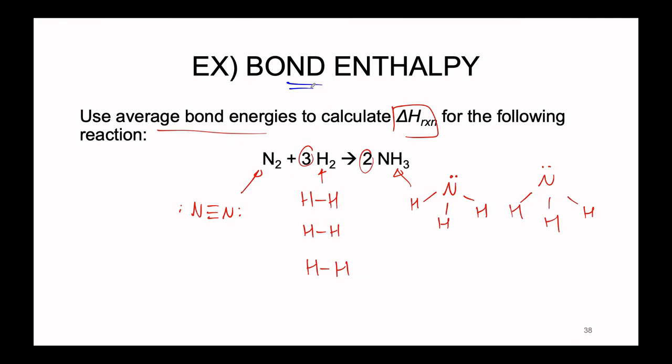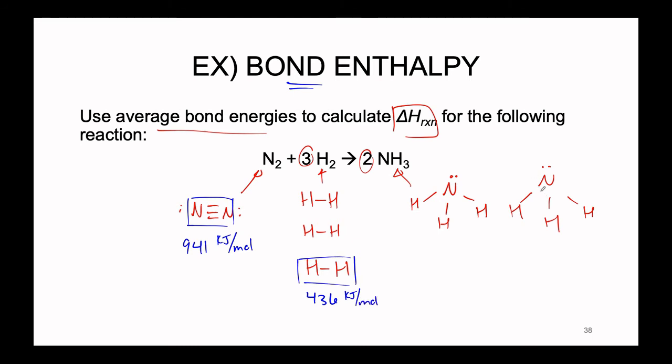According to theoretical research, the average energy within a nitrogen-nitrogen triple bond is 941 kilojoules per mole. The theoretical energy within a hydrogen-hydrogen single bond is 436 kilojoules per mole.